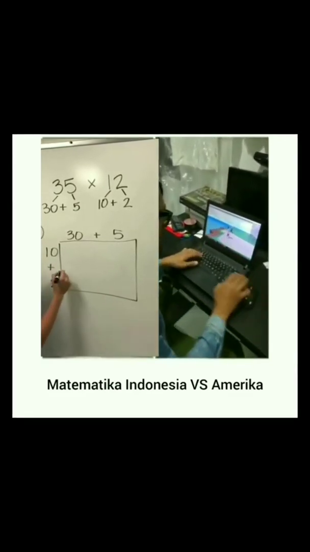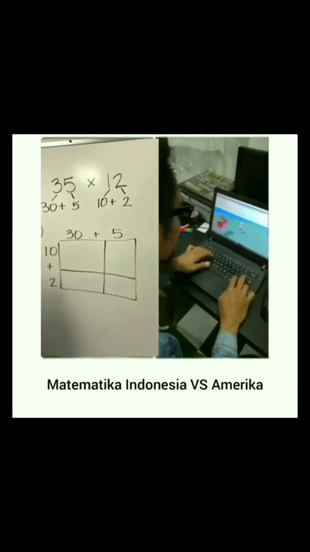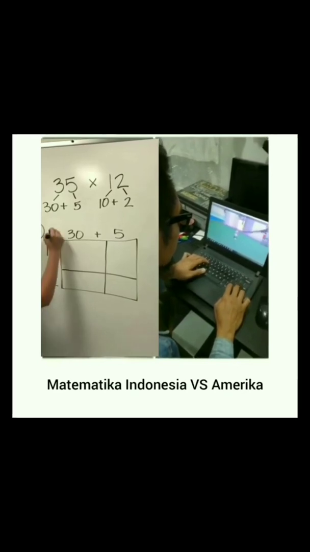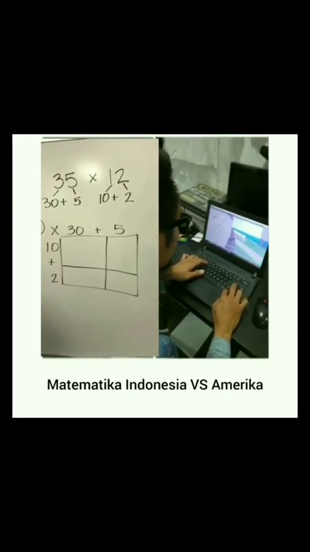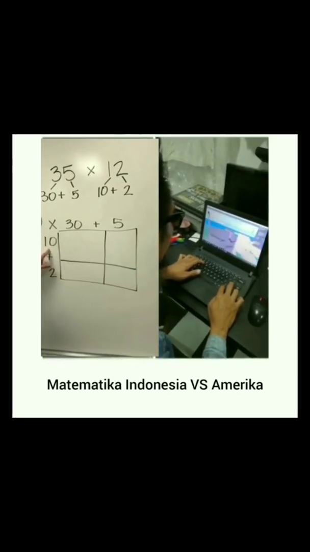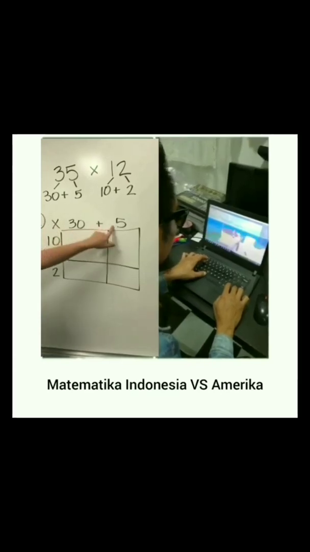Where your plus signs are, I want you to draw lines through the middle and down it. And then in the very corner, we're still multiplying, so I'm going to put a big multiplication sign. Starting with our very first number on the top, we say 10 times this, 10 times that.